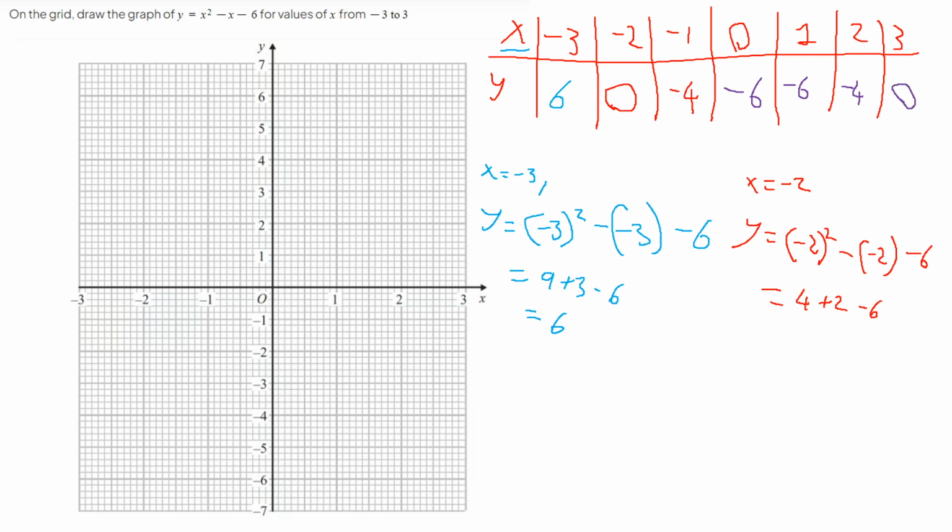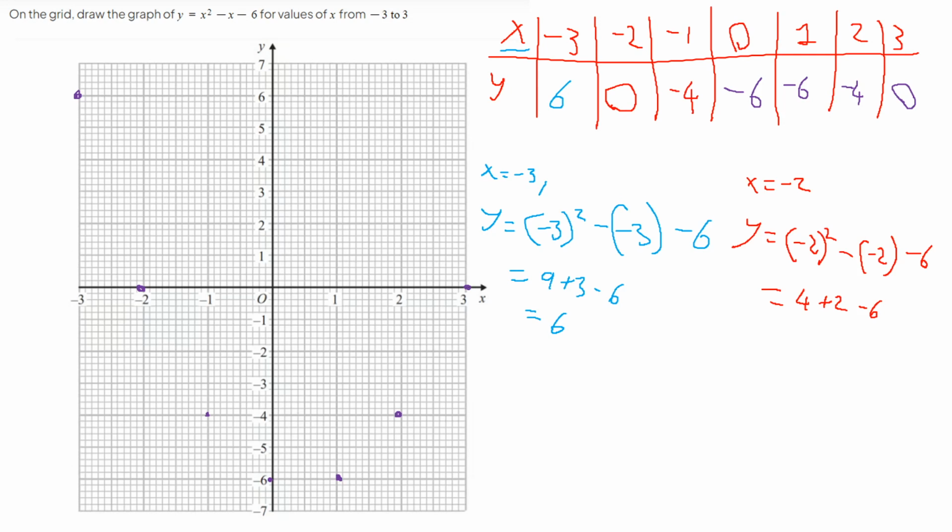So now it's time to plot it. When x is equal to minus 3, y is equal to 6, so let's plot it here. When x is equal to minus 2, y is equal to 0, so let's put 0 here. Then it's minus 4, and then it's minus 6, then it's minus 6 again, and then it's minus 4, which is here, and then finally it's 0.